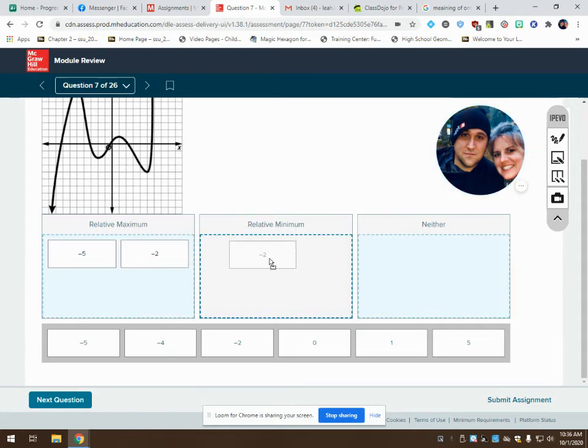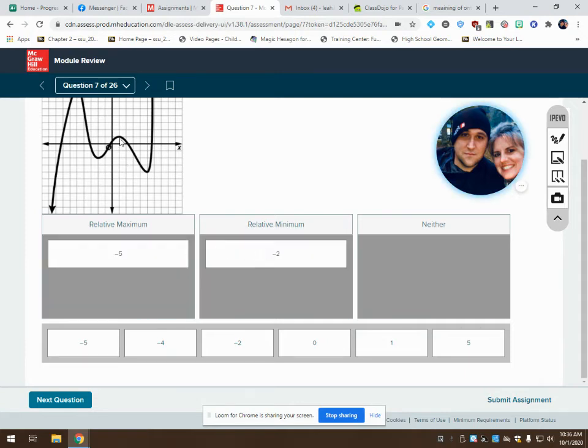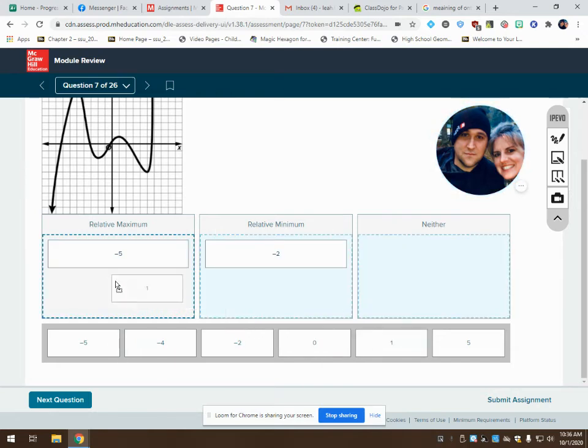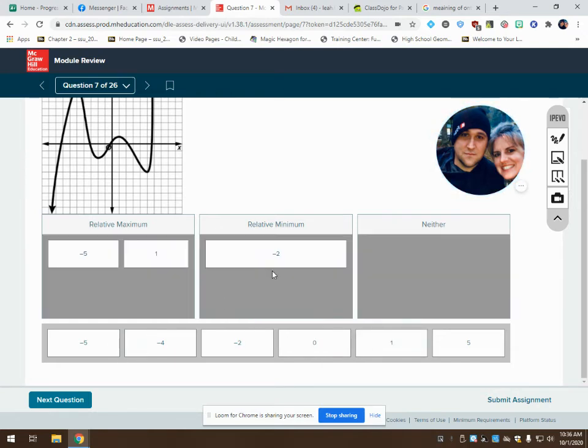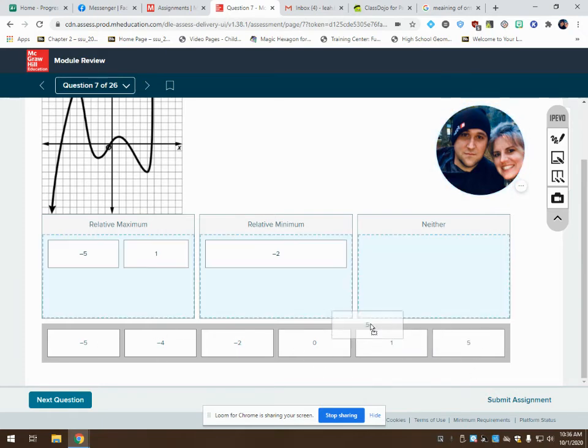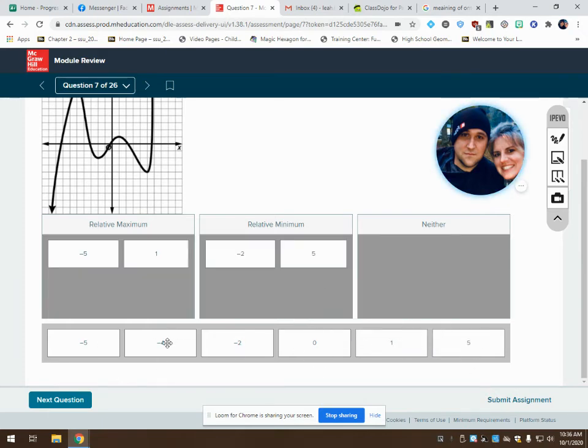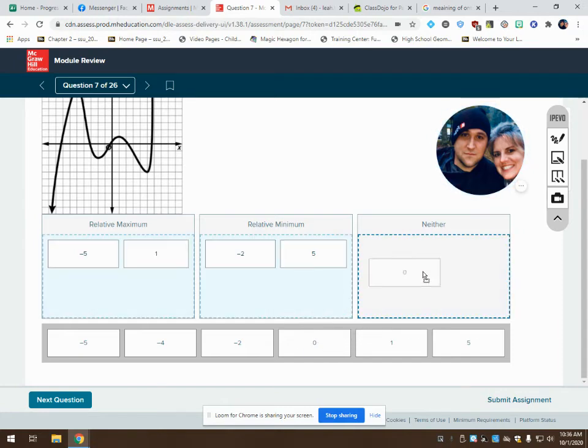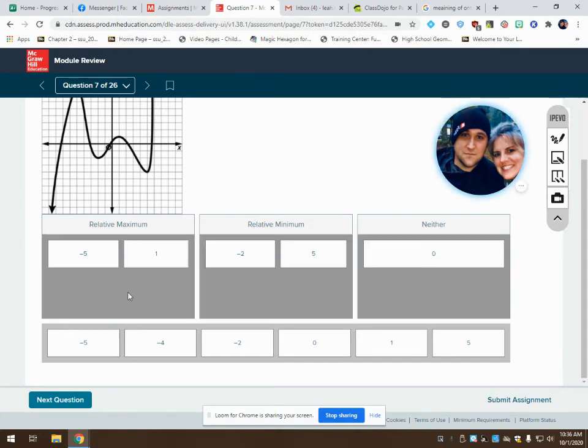No, that was a relative minimum at -2, a relative maximum at 1, a relative minimum at 5, and there's nothing extraordinary happening when x is 0 or when x is -4. So that is my correct answers.